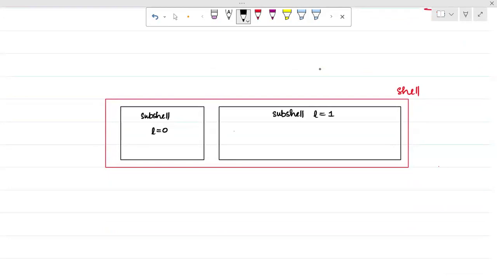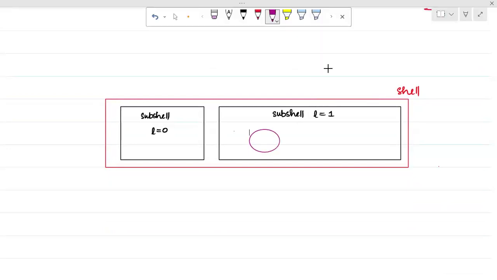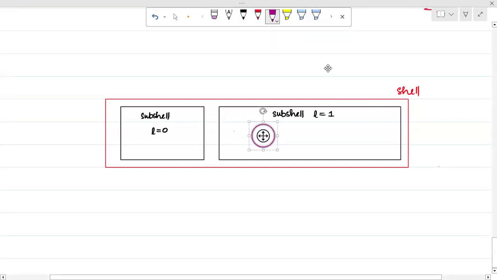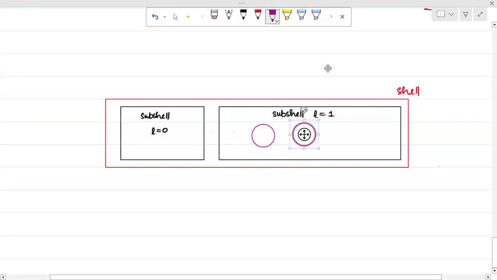And there would be certain subshells which are again divided into orbitals. So inside the subshell, I have got 3 orbitals. These are my orbitals. It's not like this, this is just a pictorial representation.